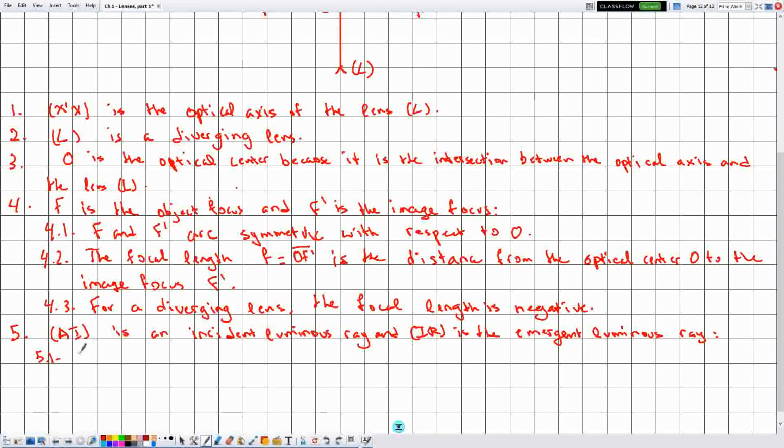Five point one for a diverging lens, let's say the following: the emergent ray emerges from a diverging lens away from the optical axis.